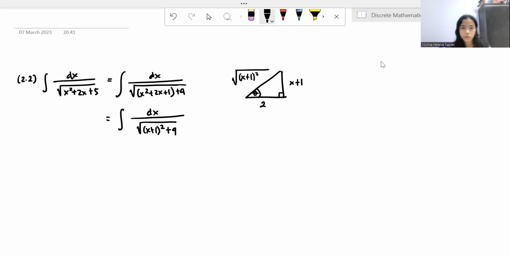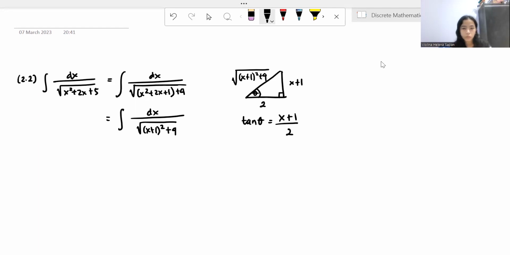The hypotenuse is the square root of x plus 1 squared plus 4, according to the Pythagorean theorem. So we will use tan theta. Tan theta, according to the formula, is equal to the opposite side of the angle over the bottom side of the angle, or the adjacent side of the angle.